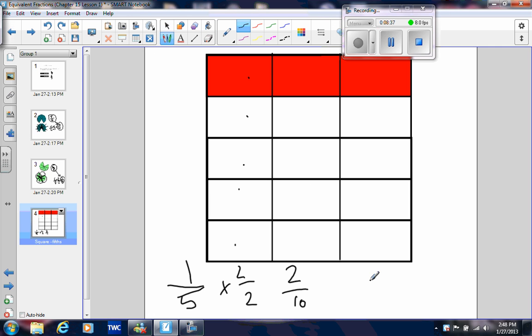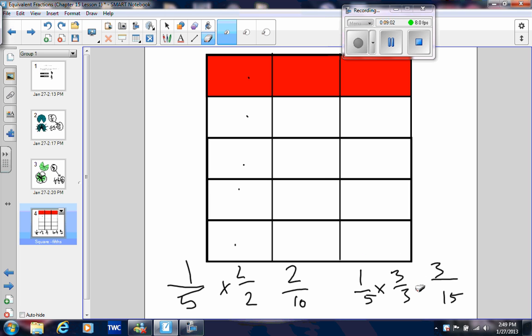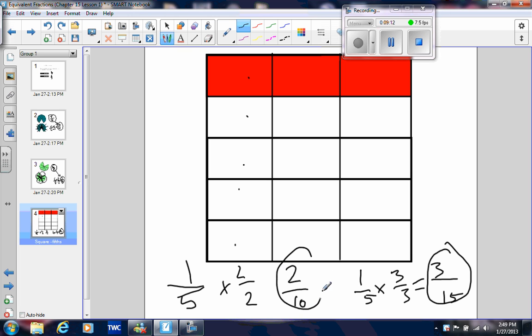So on that one, you actually took 1/5 times 3 over 3 to get 3 red pieces, 1, 2, 3, out of 15. Okay. So you have 3/15 as your equivalent fraction. All right, so this is equivalent to this, which is also equivalent to this.